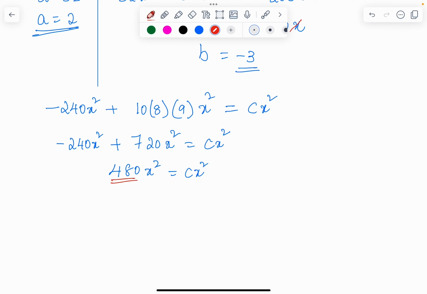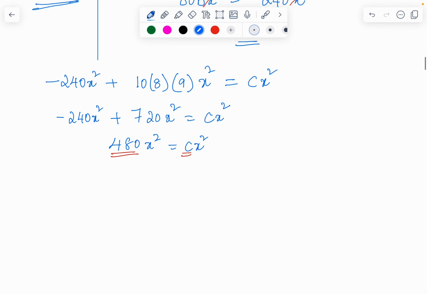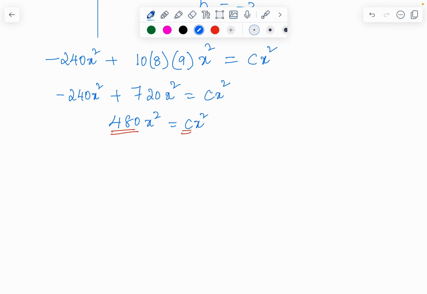So now we know that c is equal to 480. Once I get all the values, at the end I'm going to write my final answers: a equals 2, b equals -3, and c equals 480.